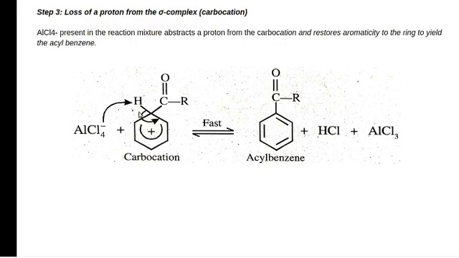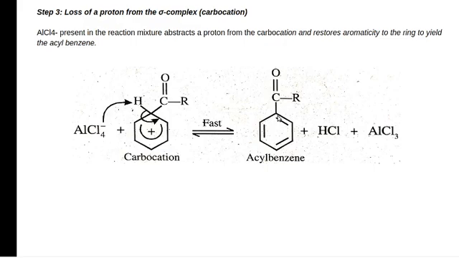The C-H carbon electron pair will leave here. That electron pair will shift to this bond and therefore the aromatic ring will restore its aromaticity, producing acyl benzene. That means an acyl group will get attached on the benzene ring. An acyl group will get electrophilically substituted on the benzene ring in the acylation reaction.